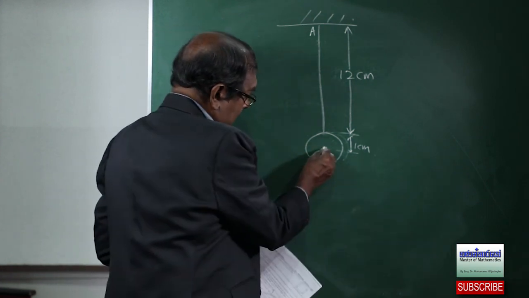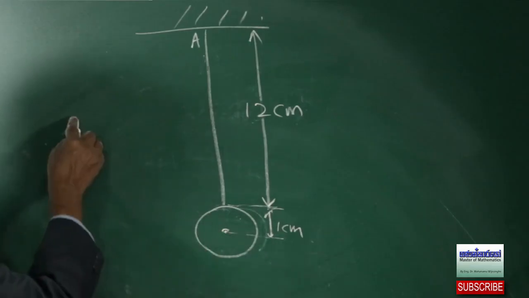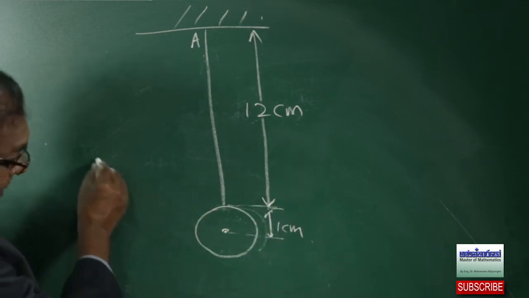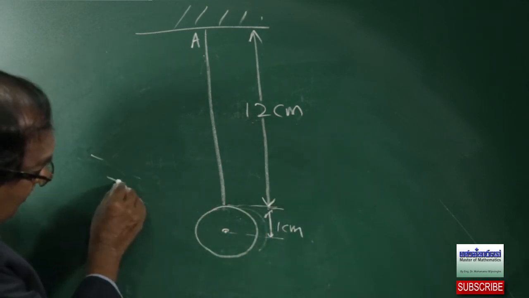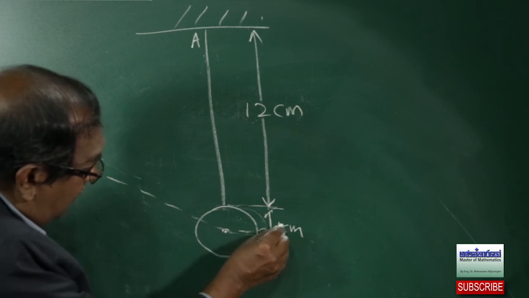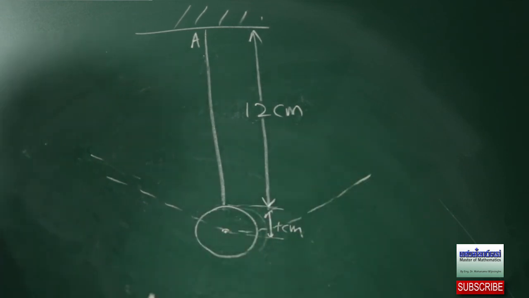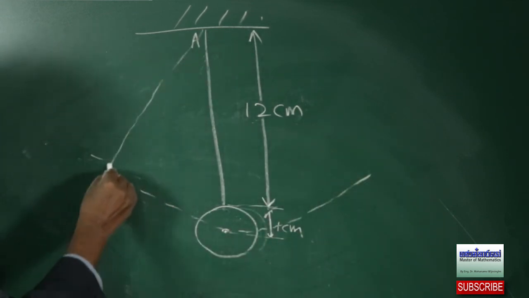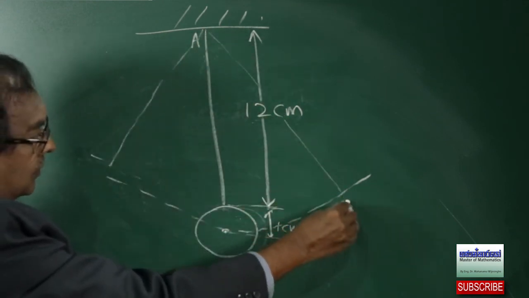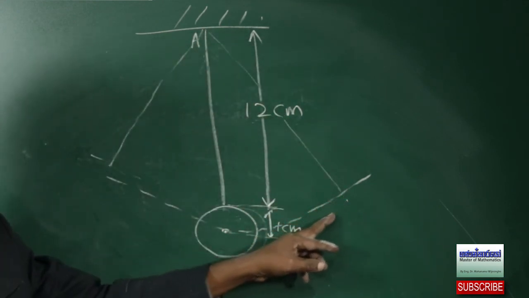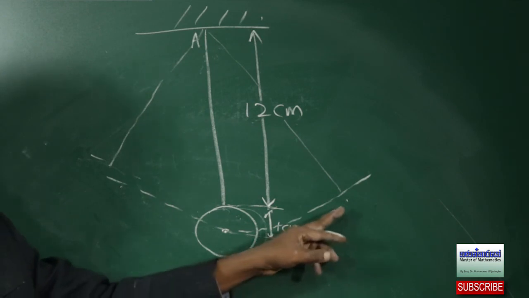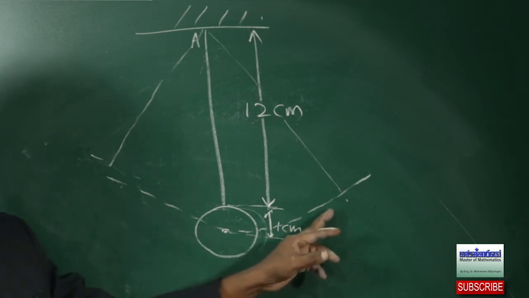Locus of the center. When we take this here and release, then how is the locus of this point? Is like that. What is this path? The question is about this path.